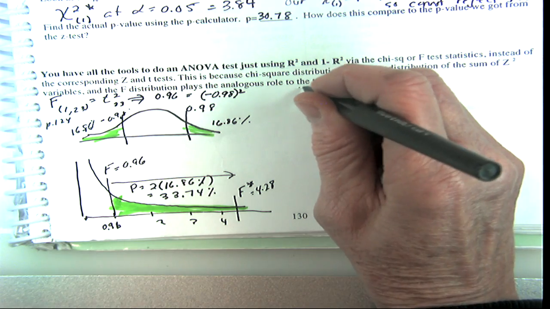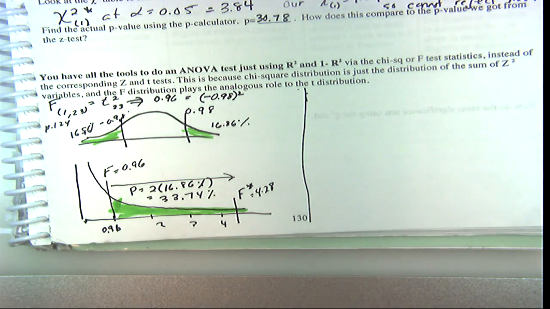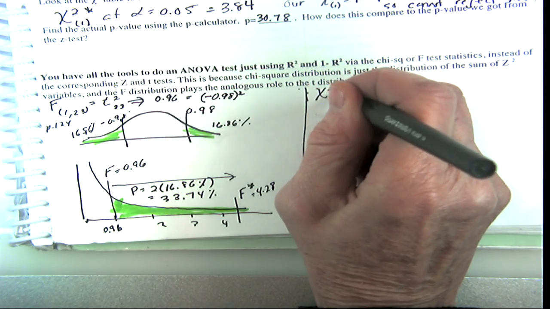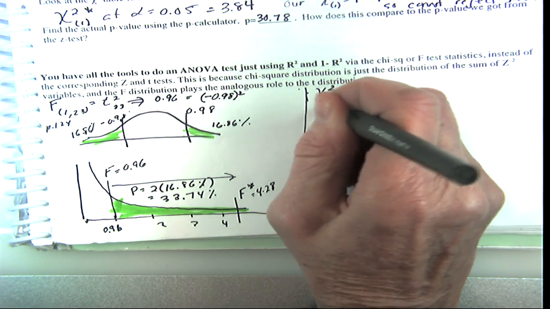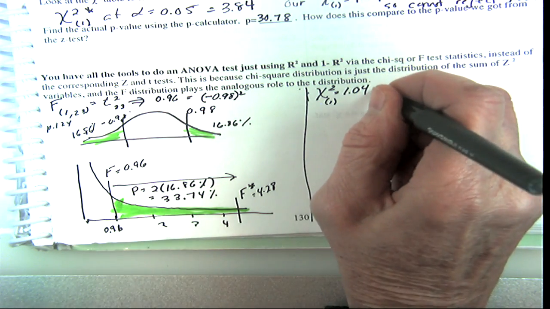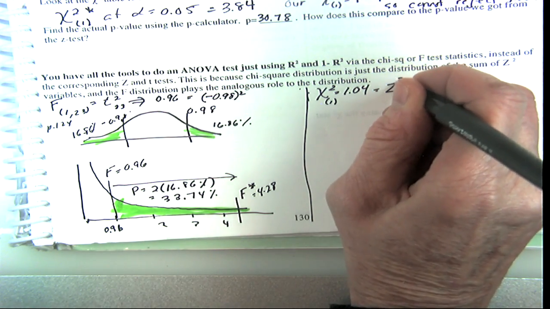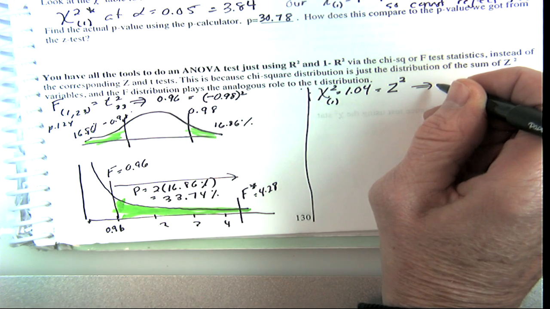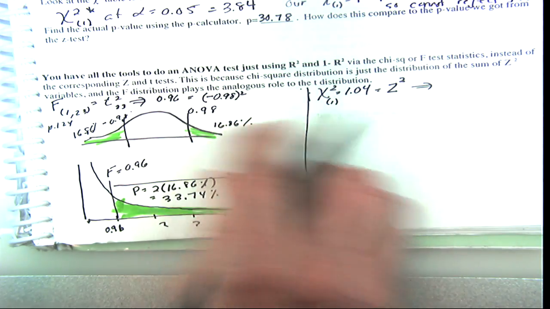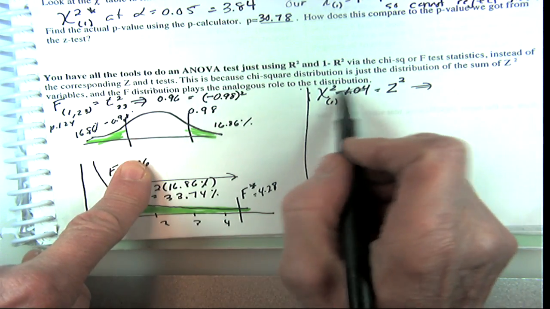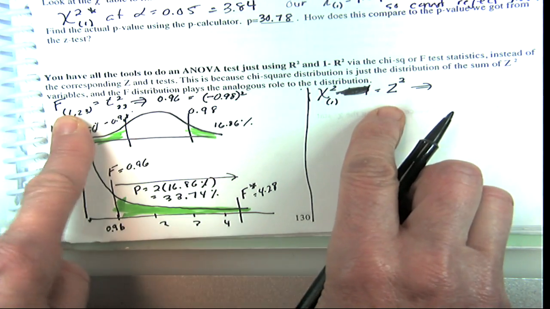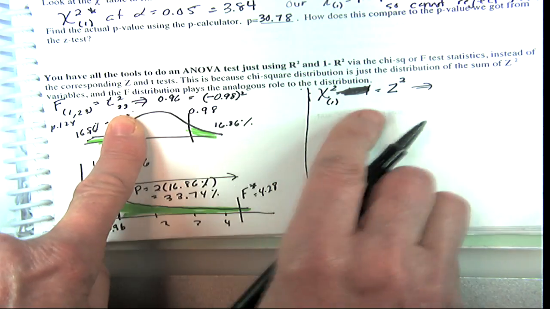So now we can do the same thing here with the chi-squared. What I'm saying here is our chi-squared we got was 1.04. That's 1 degree of freedom. That's the same thing as the z-squared. Okay, chi-squared is z-squared, and F is t-squared.